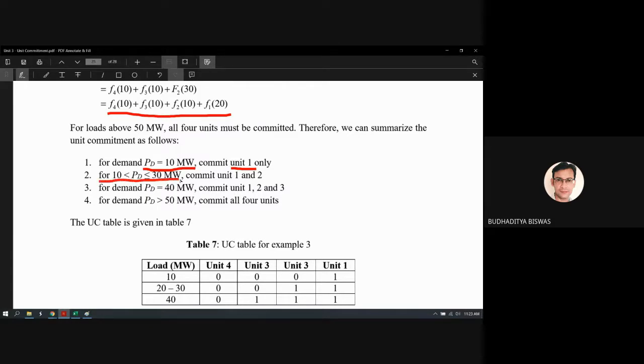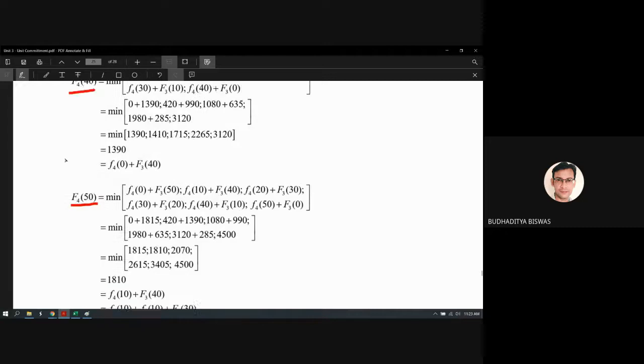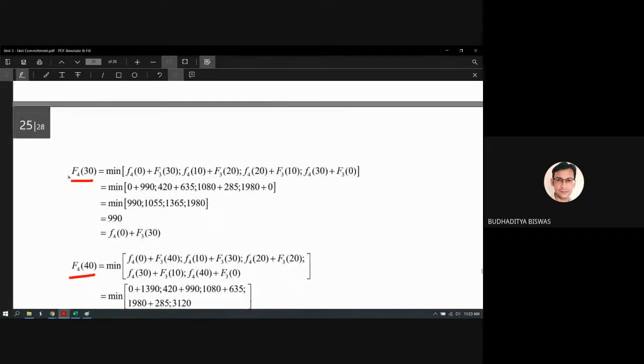For load demand greater than 10 but less than or equal to 30 megawatt, commit units 1 and 2. How? If you look at F430, F430 means all the units are committed actually, but ultimately it is coming 990. And this one is F4 equal to 0 and F330 is there.